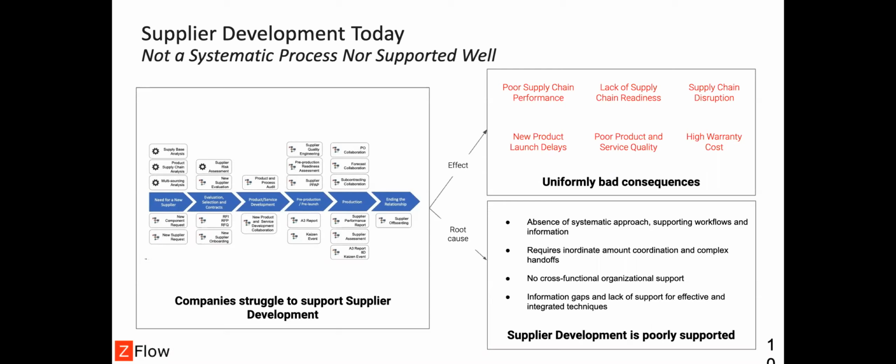What is the framework that we can use, and how can we operationalize supplier development at scale, right? So that has been missing, and that's what prompted us to really build out this whole supplier development framework and all the supporting workflows and assessments.